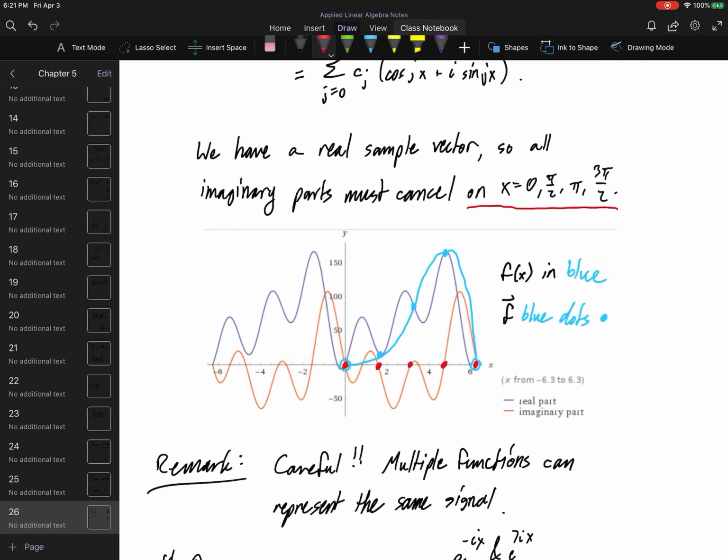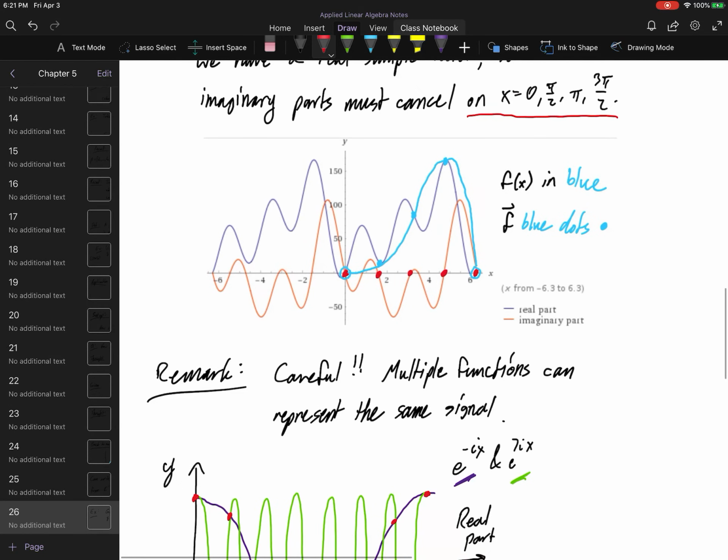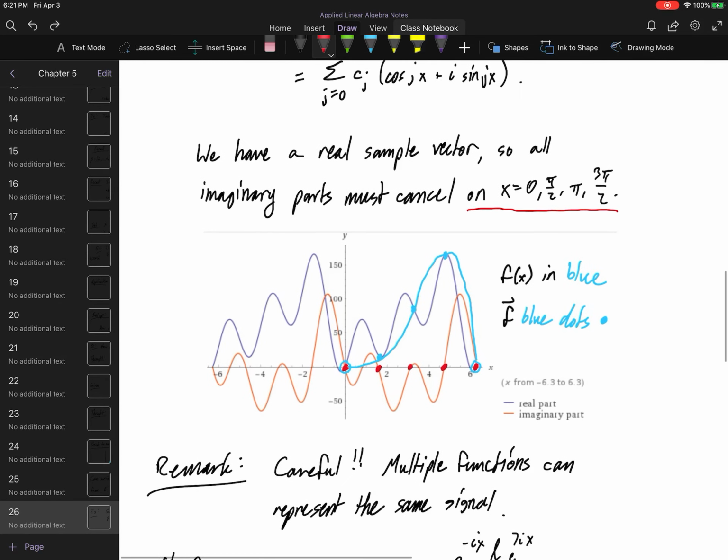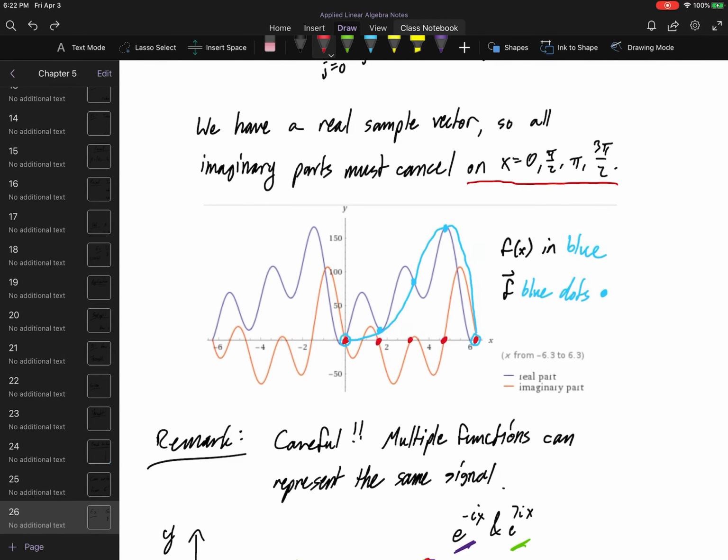And I do have a little bit of a plot here to show you what's going on. You want to pay attention to the purple curve and the blue curve. Notice that the sample points, 0, pi over 2, pi, 3 pi over 2, and then 2 pi for redundancy, are labeled across the positive x-axis.